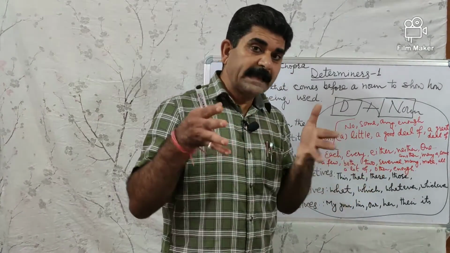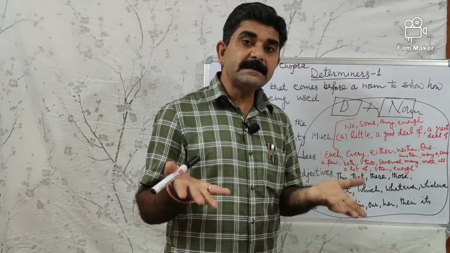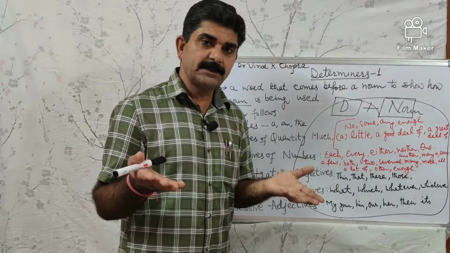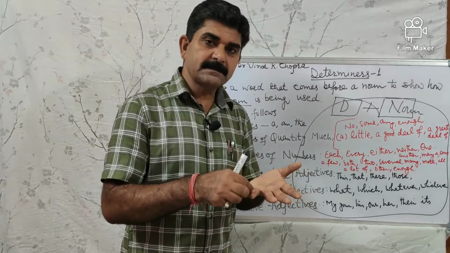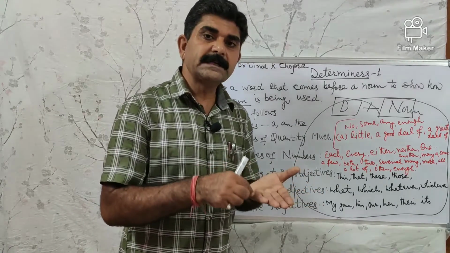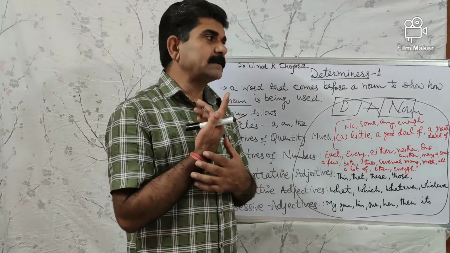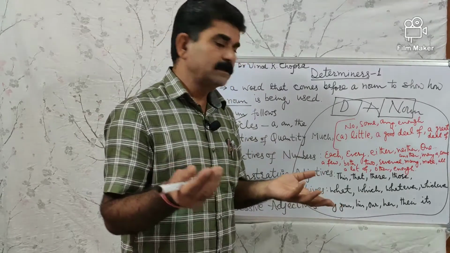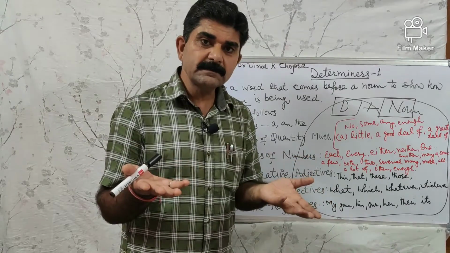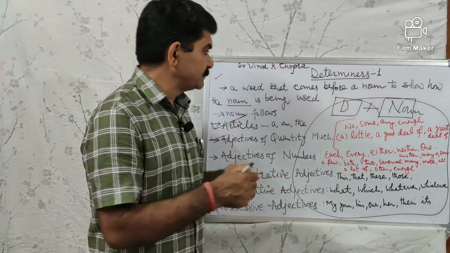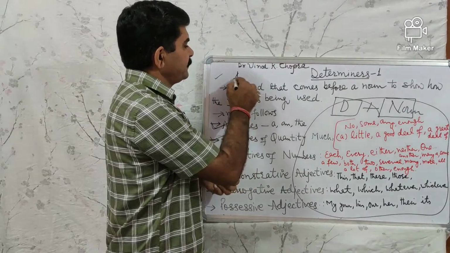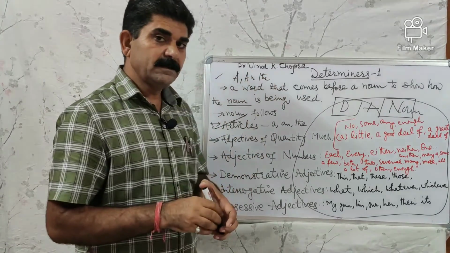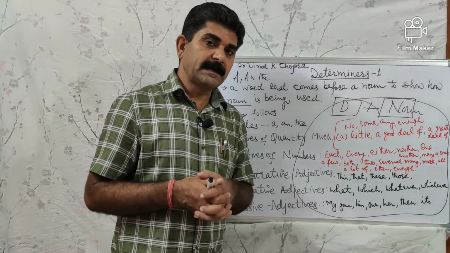So first of all, you will have to keep in your mind what a determiner is. Suppose the examiner asks you to fill in the blanks with determiners. You will start thinking, you will be perplexed, puzzled. Suppose the examiner is giving the choice a and the, but he is not saying fill in the blanks with articles.